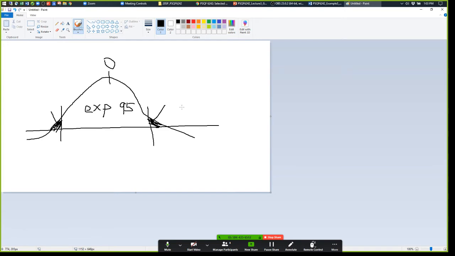And then this is 5%. How do we know what that line should be and that line? Where do those come from? Correct. They come from the computer.